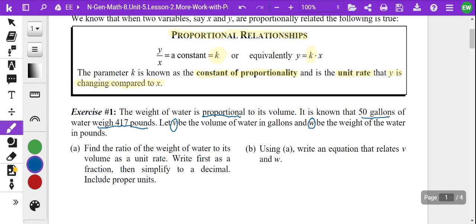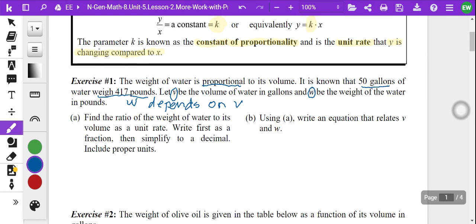Okay? So we know that the weight depends on V, or on the volume. All right, so V is going to be our x variable and W is our y.